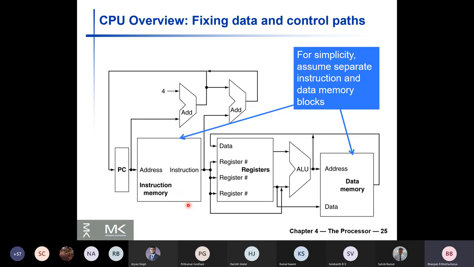We need an instruction memory block, a data memory block, a register file, a couple of ALUs to perform certain operations, a program counter and some data paths. We'll keep on expanding this diagram and add more and more details to it, so that you will see how different instructions can be executed. So this is a very abstract overview of the overall CPU. All right.